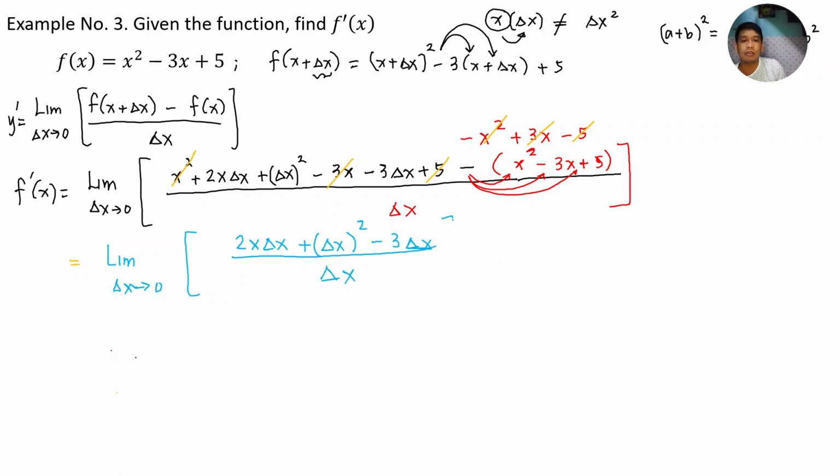So, yan na lang ang natira nung sinimplify natin yung numerator. But since lahat yan ay may delta x, tatanggalin natin yung delta x in each of the terms since dinivide natin siya by delta x.